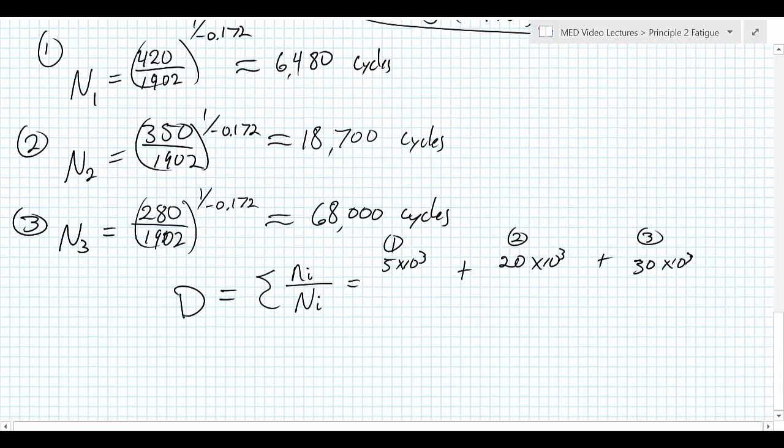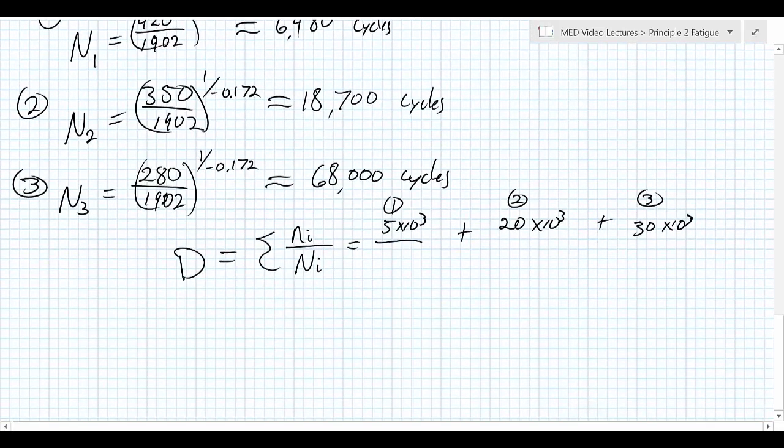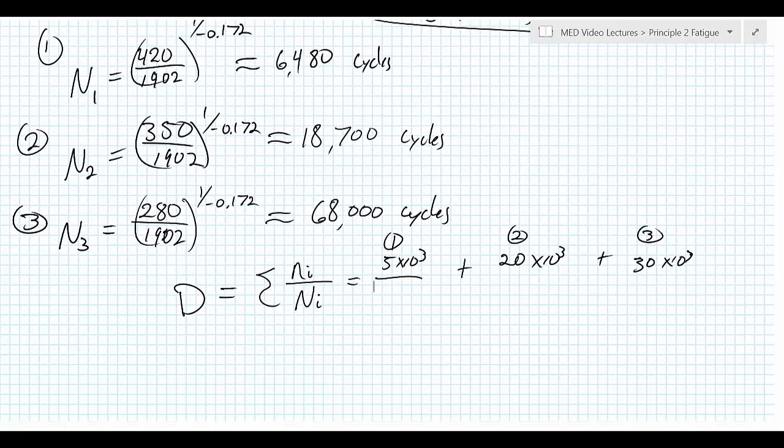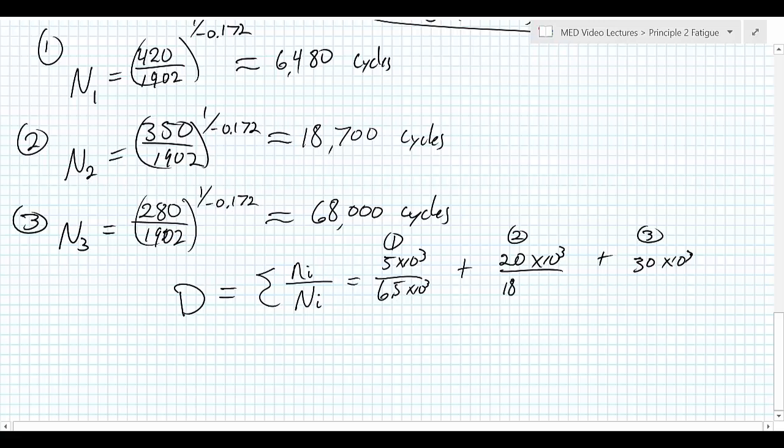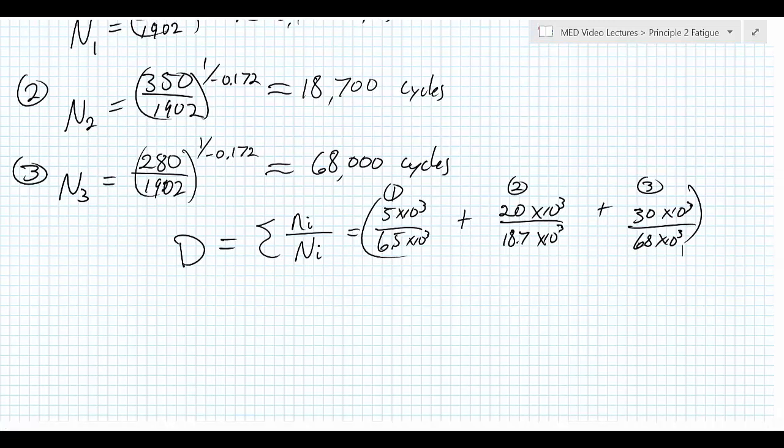Now we can compare that to the number of cycles it takes for this thing to break, which is what we just calculated. So 6.5 times 10 to the third cycles, 18.7 times 10 to the third cycles, and 68 times 10 to the third cycles. We're going to add all those things together as fractions.